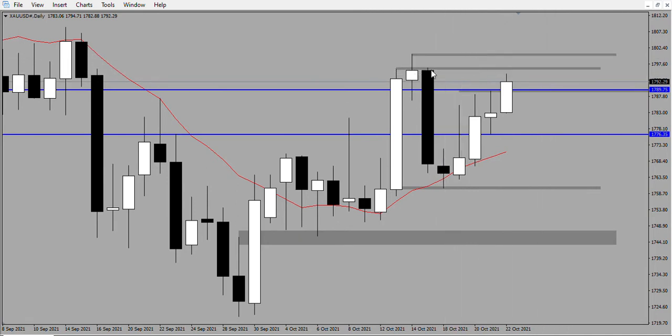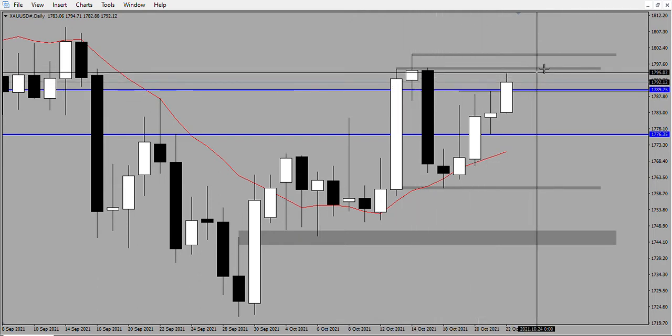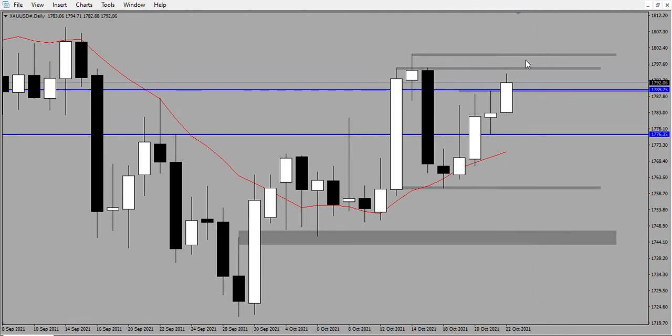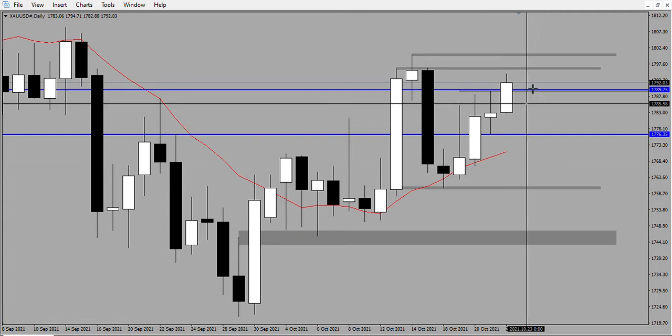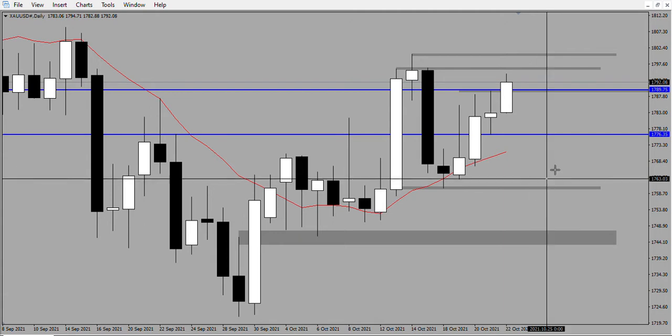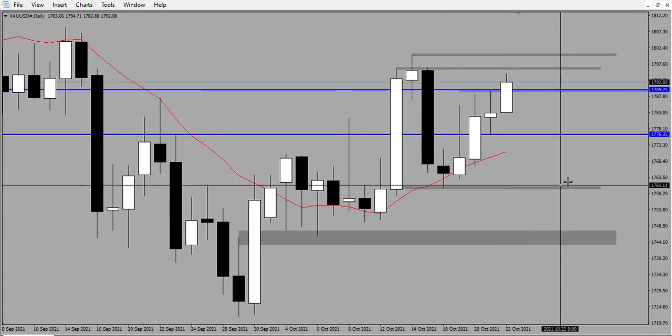As you can see here, we had an evening star candlestick formation happening right over here, which gives us a clue that this could be a reversal zone in the near future, which is now basically. So if we go down from here, possibly we would be targeting either of the underlying levels.